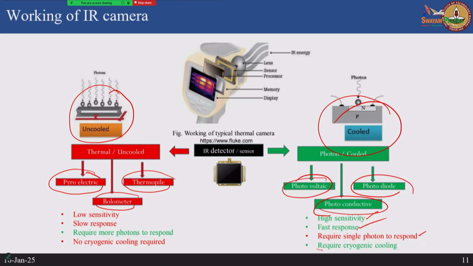However, these semiconductor devices can operate only at very low temperatures, of the order of a few tens of Kelvin. Therefore, the entire detector has to be lodged inside a cryogenic cooling system, consisting of liquid nitrogen most of the time, maintained at very low temperatures.